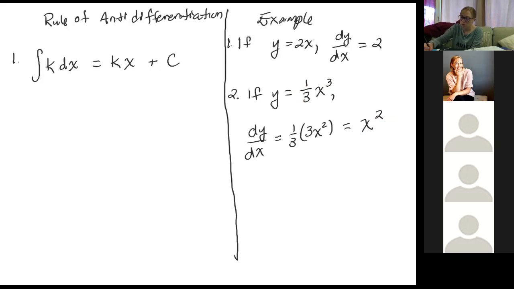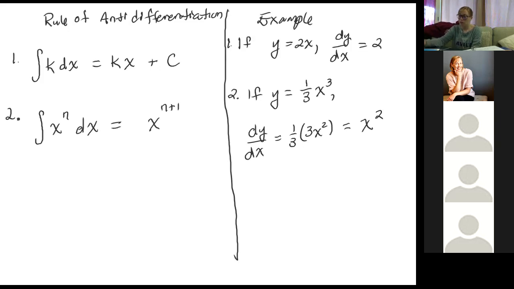That is kind of the equivalent of the power rule for antiderivatives. If I'm wanting to find the indefinite integral or antiderivative of x raised to some power, we'll call that power n, and then our variable is x, that antiderivative is, well, I'm going to increase the power by 1 instead of decrease.